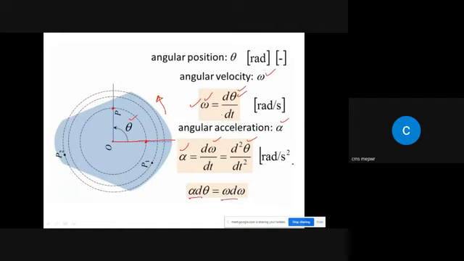So like the three basic kinematic equations that we had in linear motion, we had two kinematic equations for angular motion, and we derived the third one by combining these two basic equations in case of angular motion.